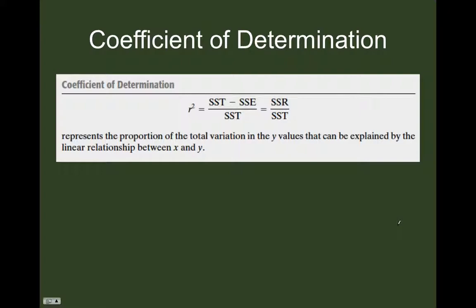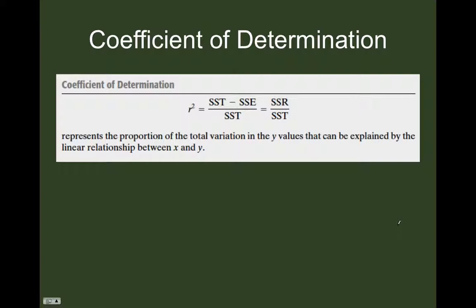And it's defined to be the sum of squares total minus the sum of squares error over the sum of squares total, which is sum of squares residual over sum of squares total. Since the denominator is the total, it makes the ratio a percent or a proportion.